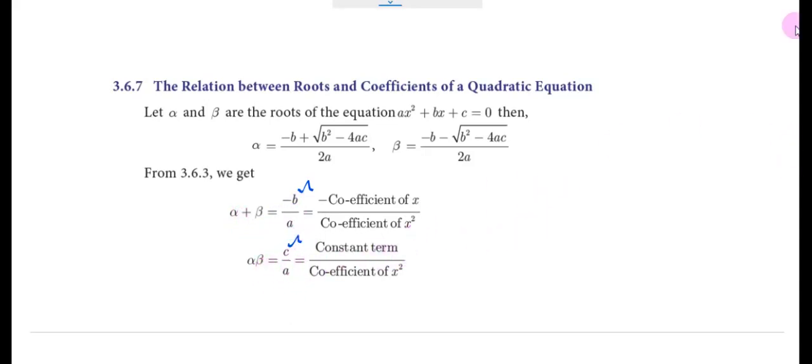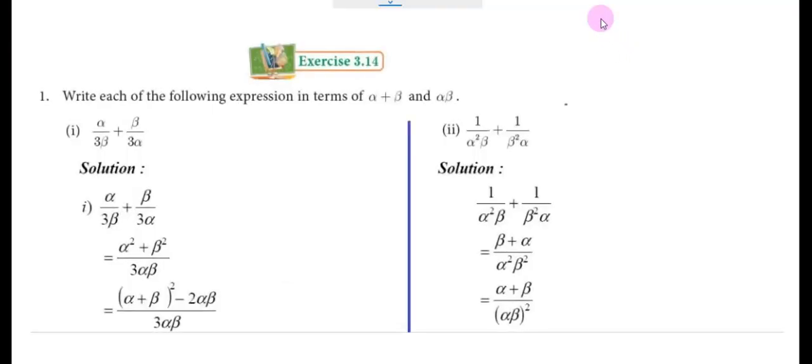Now let us enter into exercise 3.14. Write each of the following expressions in terms of alpha plus beta and alpha beta. The given sum may be of a different kind, but we should change it into terms of alpha plus beta and alpha beta.